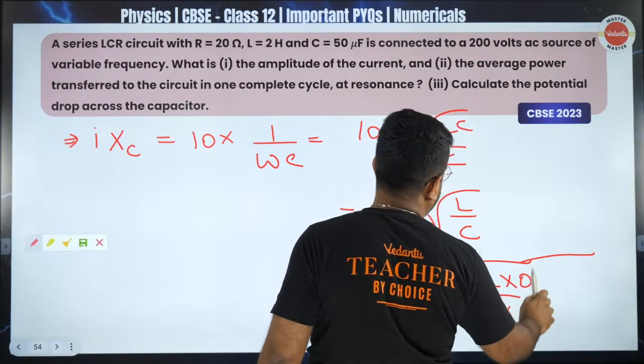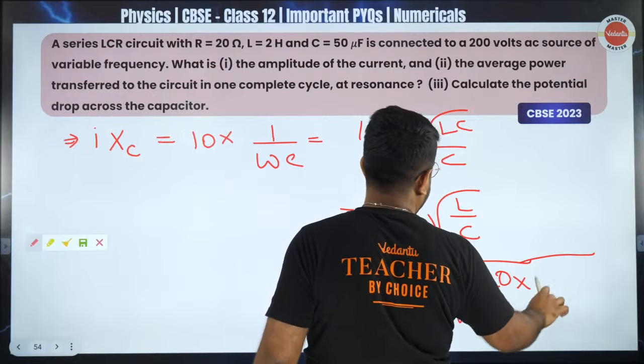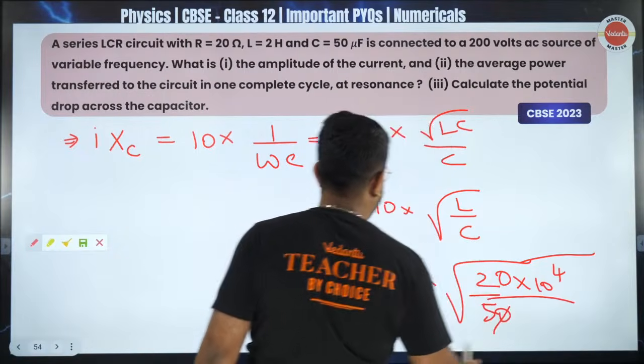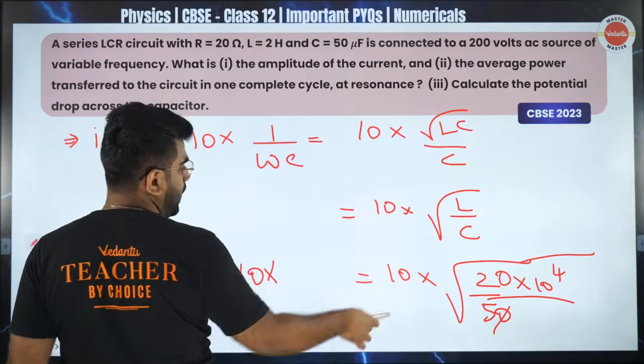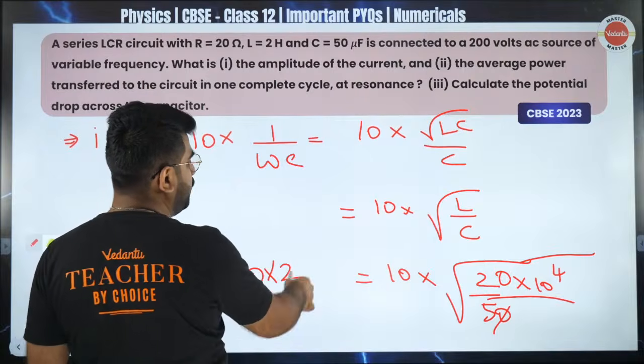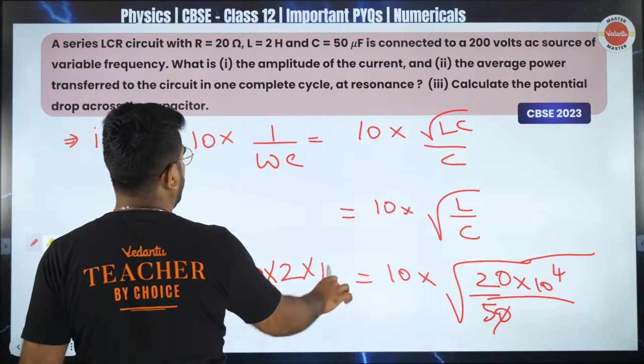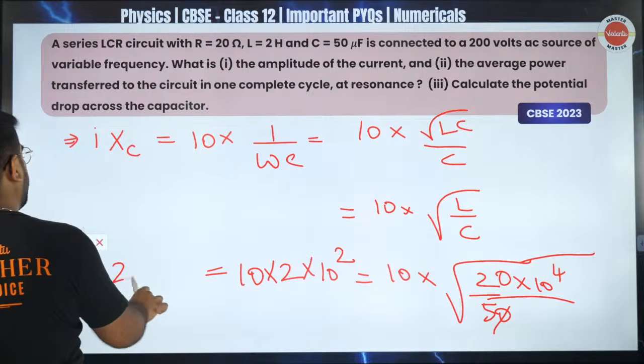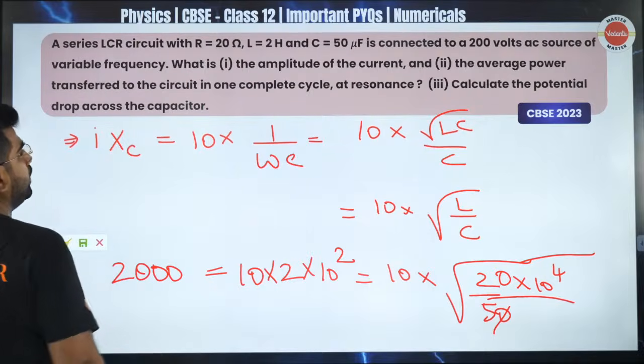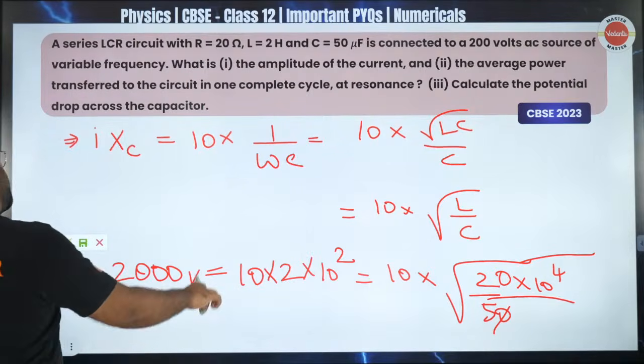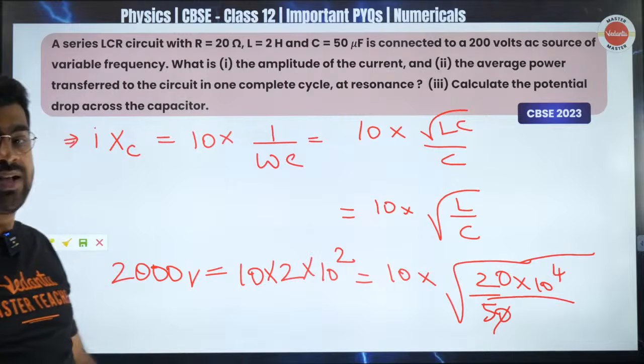So 20 into 10 to the power 4. That will be 10 into root of 20 by 5, which is 4. Root of 4 is 2, root of 10 to the power 4 is 10 to the power 2. So again it's going to be 2000. That is the potential drop across the capacitor.